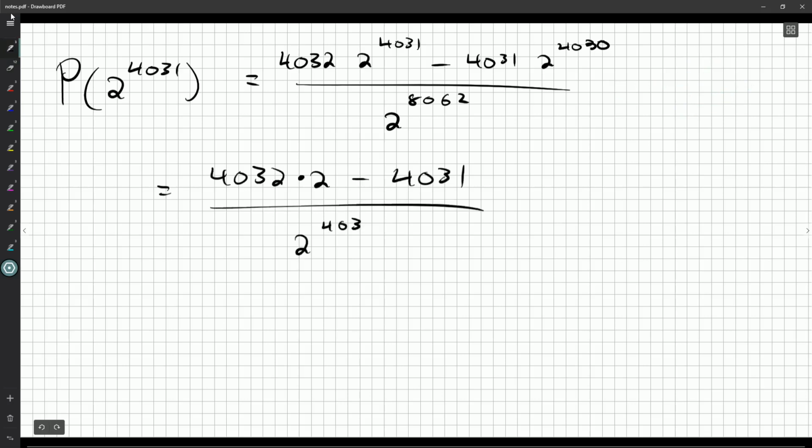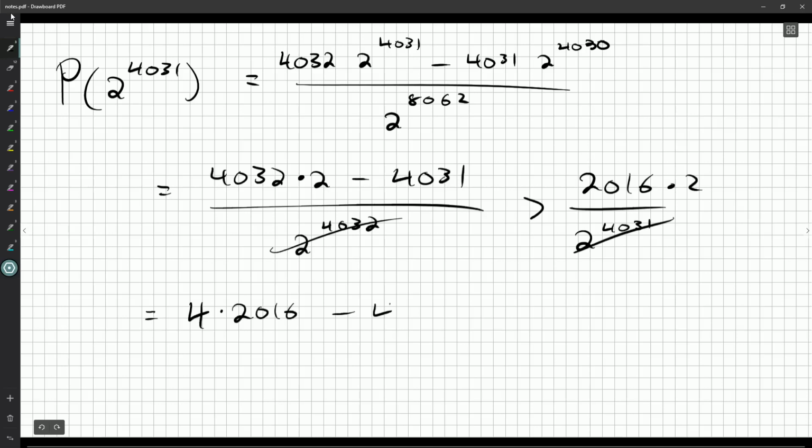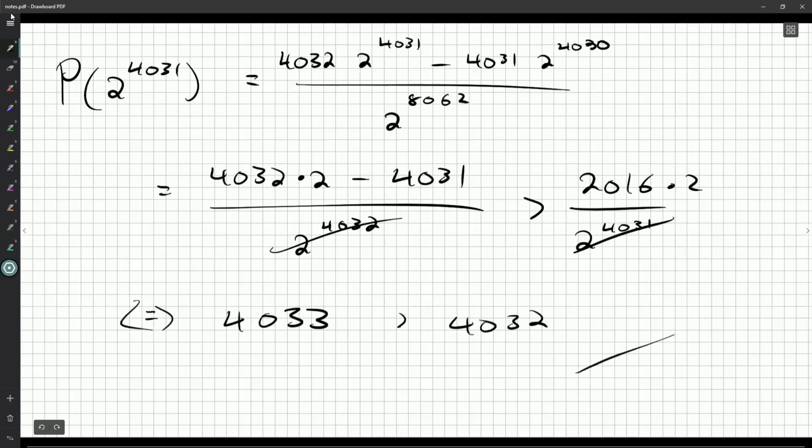And that'll be 2 to the 4032. So if I multiply through, I'll get an extra 2 here. And so 4 times 2016 minus, should be 4033 on this side, and this is 4032 on this side. So, yeah, that one also works.